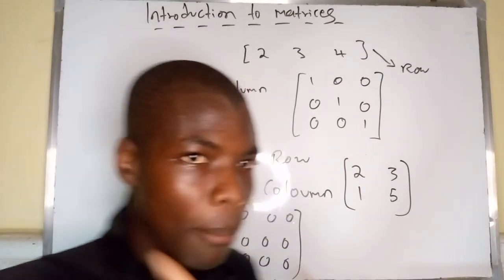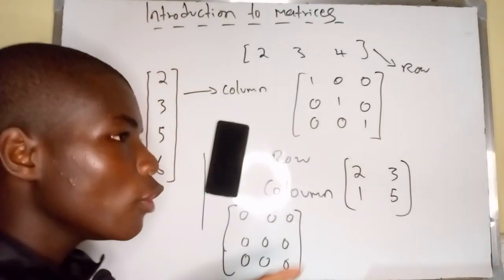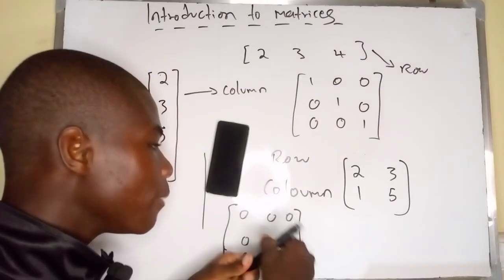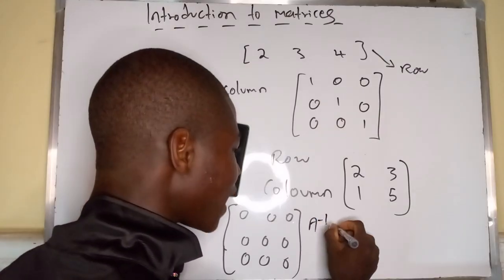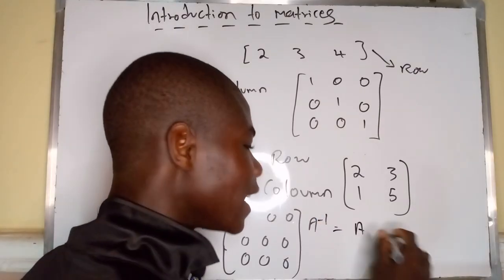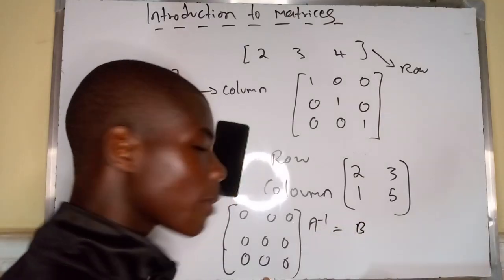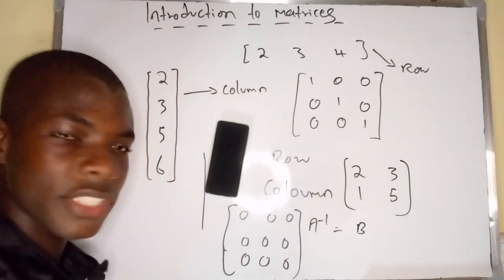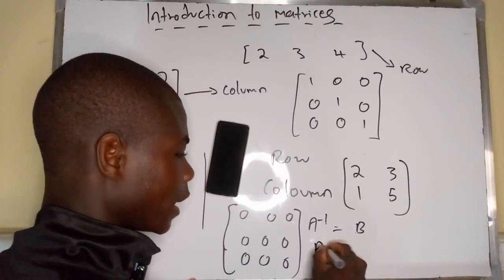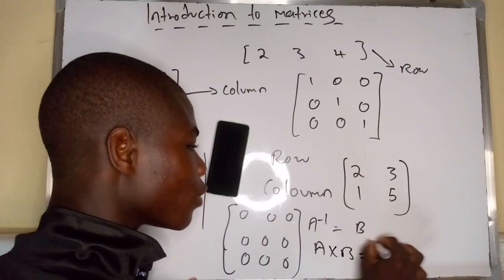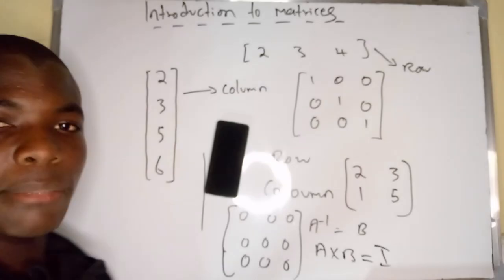And if you are dealing with the inverse of a matrix, suppose A is the original matrix and B is the final solution, the inverse of the matrix. If you multiply the original matrix A by B, it must give you the identity.